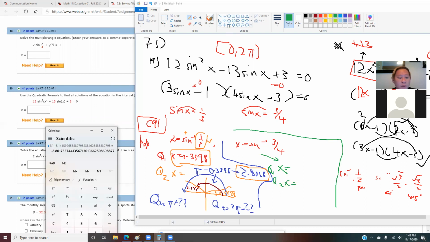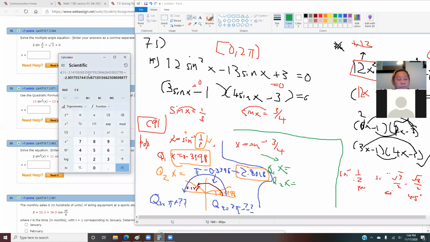There you go, Emily. Emily, you got it? So what is the quadrant 1 answer for 3/4? 0.8481, I think.